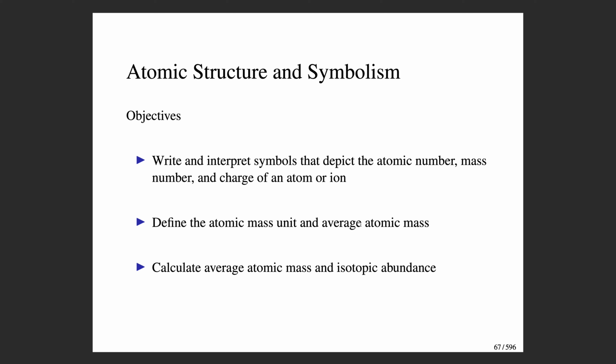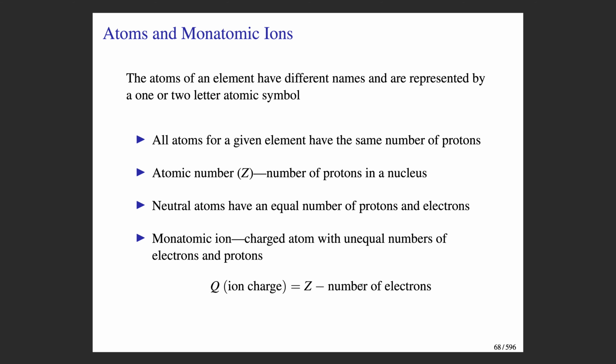We also will talk about atomic masses and isotopes in this section. So atoms are represented by different atomic symbols, which usually consist of either one letter or two letters. The first letter is always capitalized.